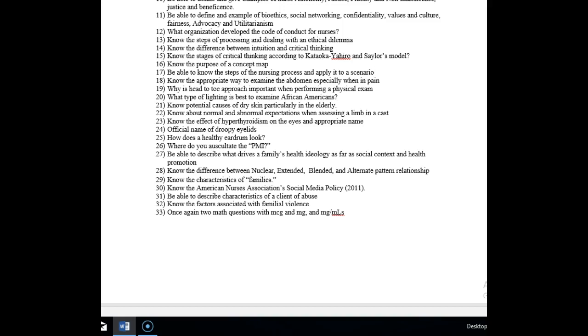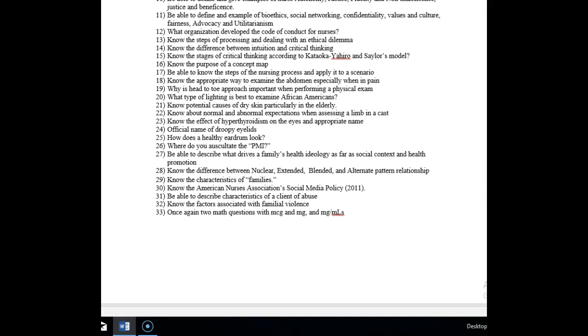And then blended, like I said, a couple get together and they bring their kids, and this person might bring their kids. That's a blended family. And then alternate could be anybody that is different from what we know as family, extended, nuclear, or blended.